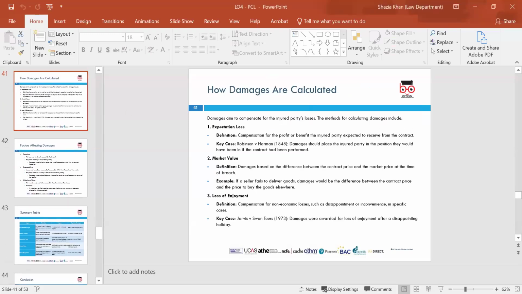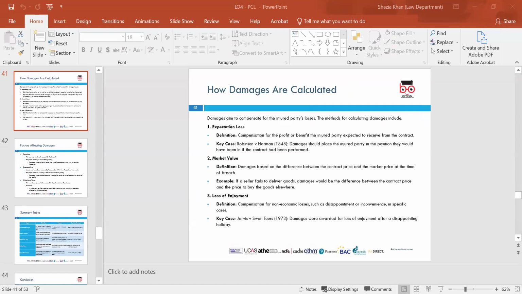So how are damages calculated? A breach of contract happens when one party, as we said, does not fulfil the obligation to another party.